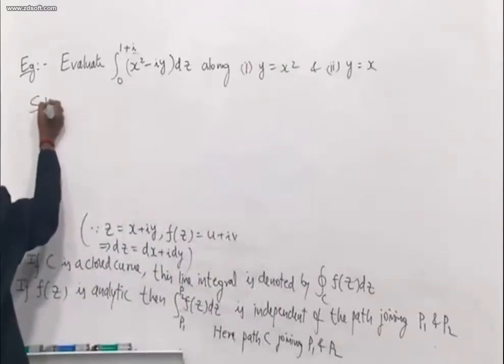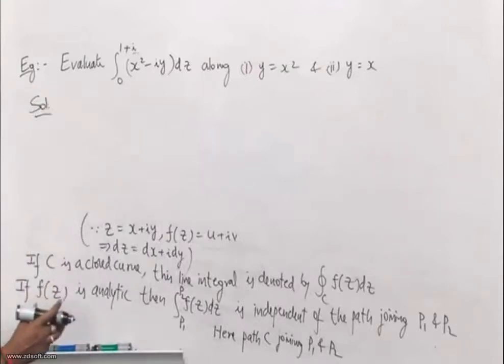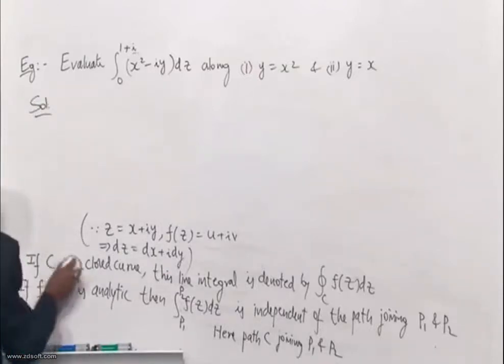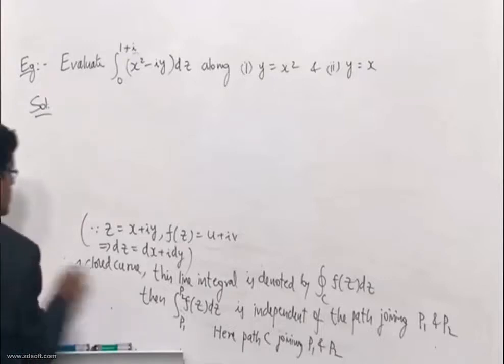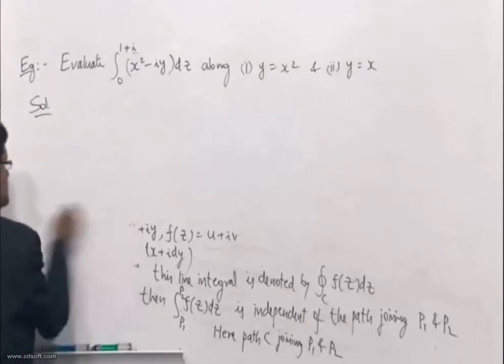Now I am going to do the first bit. Similarly, I am giving the answer for the second bit. See the answer: both are the same or different, independent of the path or dependent on the path in this problem.